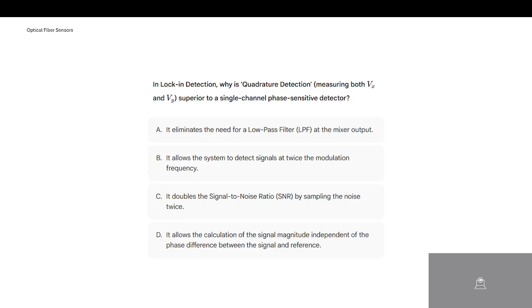B, it allows the system to detect signals at twice the modulation frequency. C, it doubles the signal to noise ratio by sampling the noise twice. D, it allows the calculation of the signal magnitude independent of the phase difference between the signal and reference.